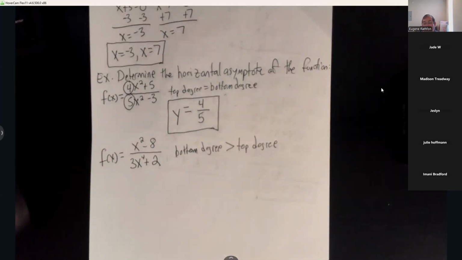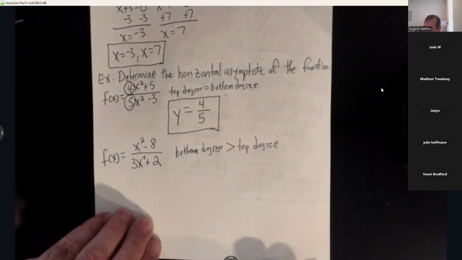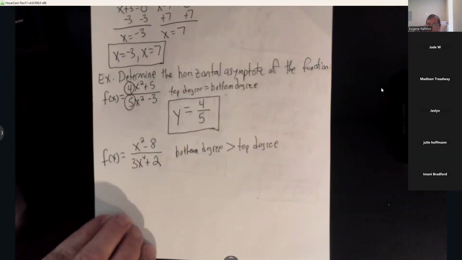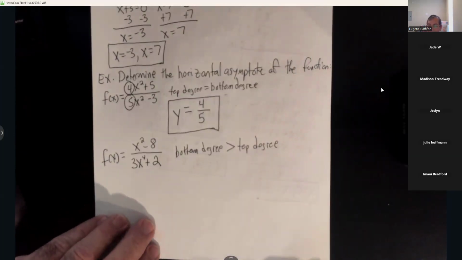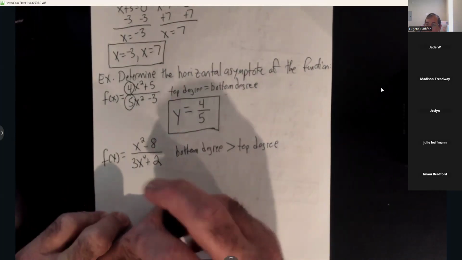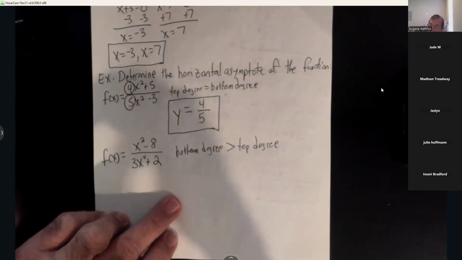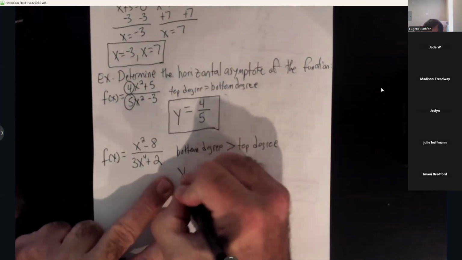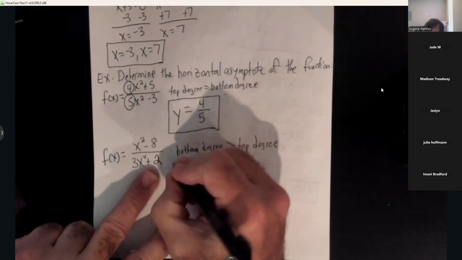So what did we say if the bottom degree was bigger than the top degree? Do I have an asymptote? And if so, what is it? Or did I not have an asymptote? Y equals 0. Perfect. When the bottom grows faster than the top, it's going to head off towards 0. So that one would be y equals 0.